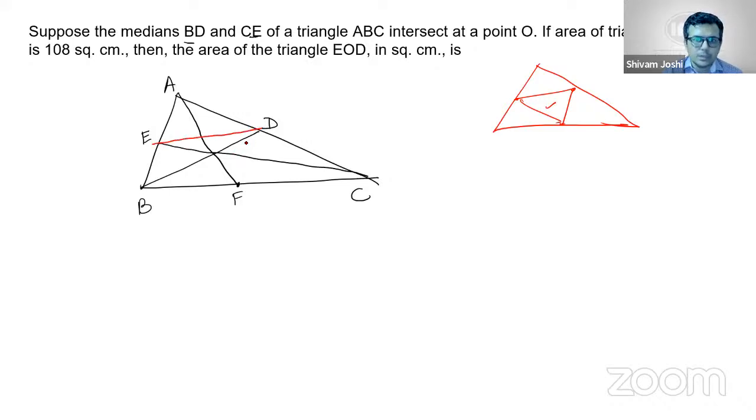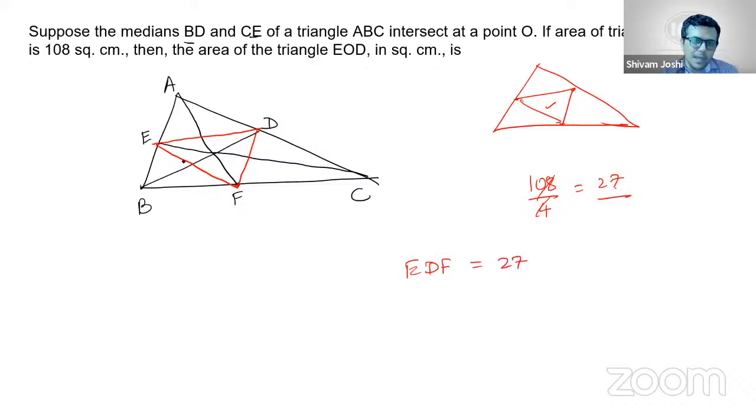So can we just take 1/4 of this? Total area is 108. 1/4 of that is 27, right? So I can say that triangle EDF has an area of 27. Agreed.